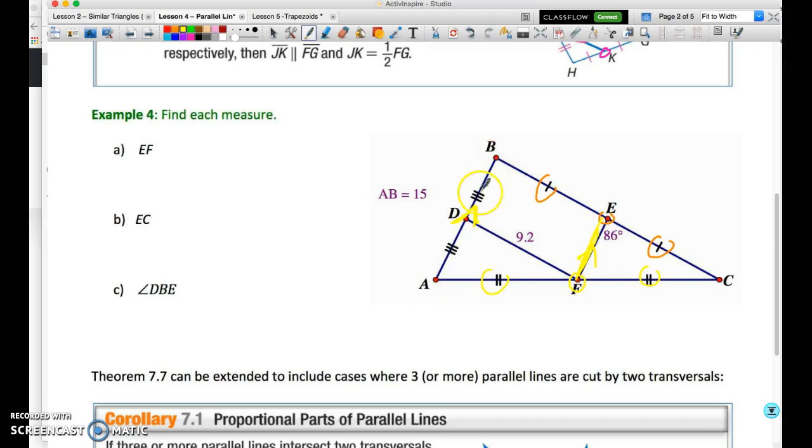In other words, EF and AB are going to be parallel and equal in length to half of the length of side AB. So as you can see here, side AB is equal to 15, and so side EF is going to equal half of that, and that's where we get 7.5 from. So the length of EF is going to be 7.5.